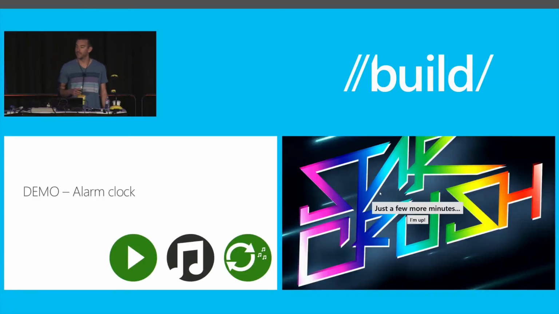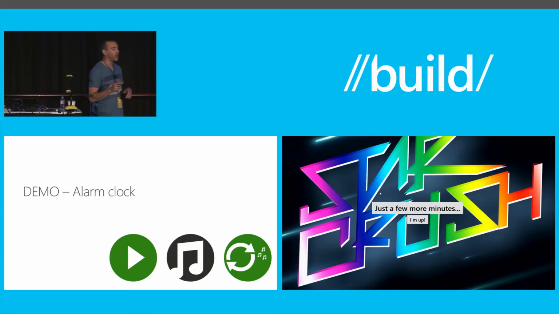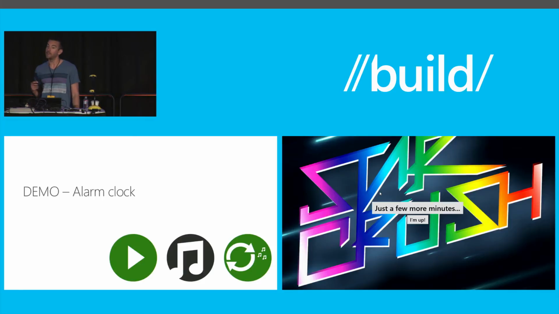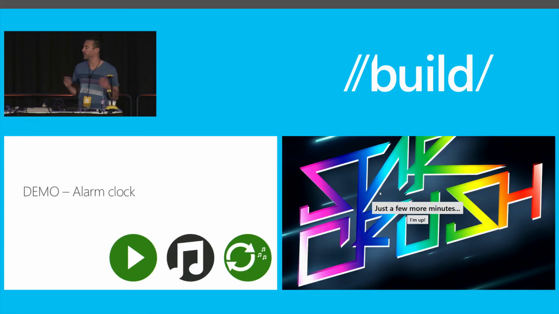So, this user used the Xbox Music write for offline playback of a song, and he embedded these songs into his app. He also used the Xbox Music search and browse APIs to get the artist art and all the associated metadata to make this alarm clock app look beautiful.